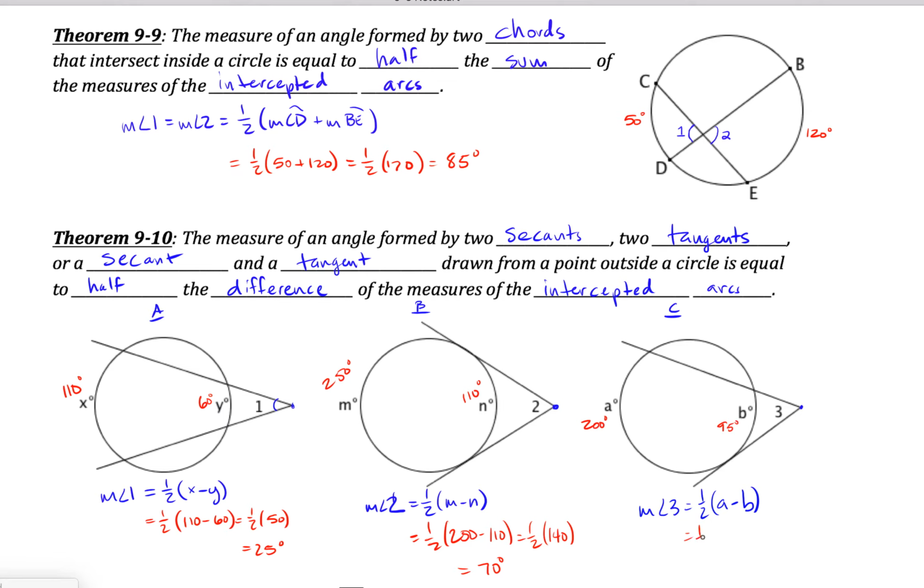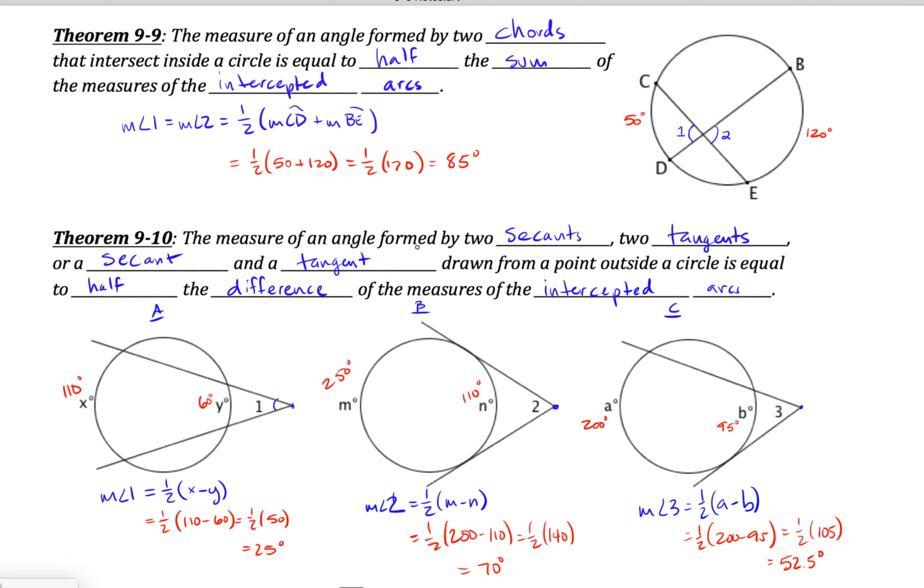Then angle 3 would be half of 200 minus 95, or half of 105. Half of 105 would be 52.5 degrees. Angle 3 would, in this case, be 52.5 degrees.